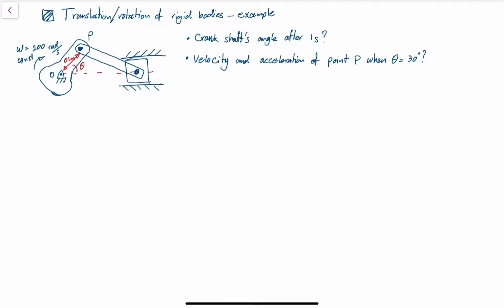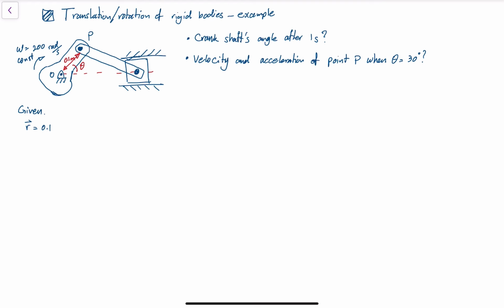So let's gather all our information in a nice, logical, and cohesive way. So what do we have? We know all the geometries. So we know that the distance from O to P is 0.1 meter. But I'm going to write it as a vector because it is going to help me down the road.